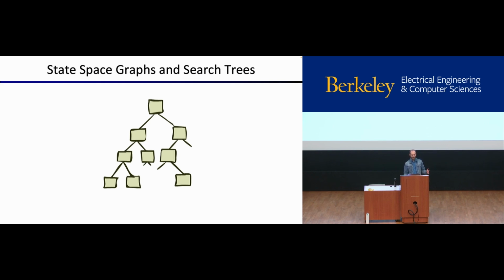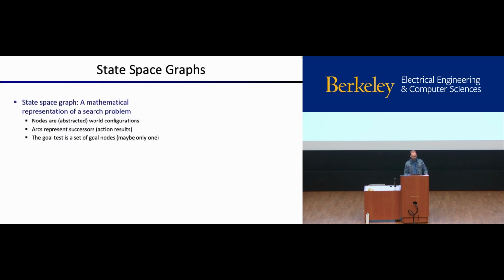The edges are still actions you can take, but it's organized a little differently. So a state space graph, like the map of Romania, is a mathematical representation of a search problem. The nodes are configurations the world can be in. That's states in the state space. The arcs represent successors, how you get from one to another. And then some nodes in the graph will be labeled as goal or start.